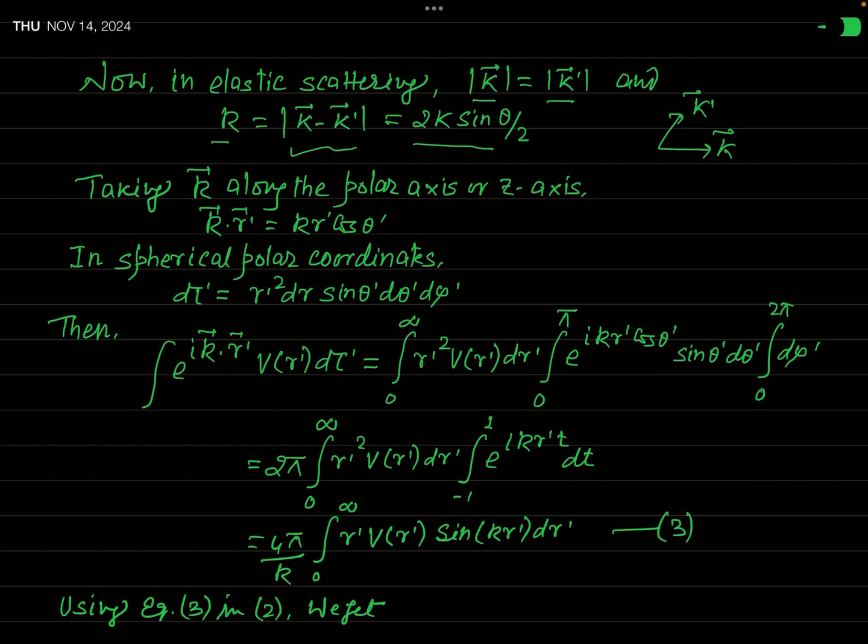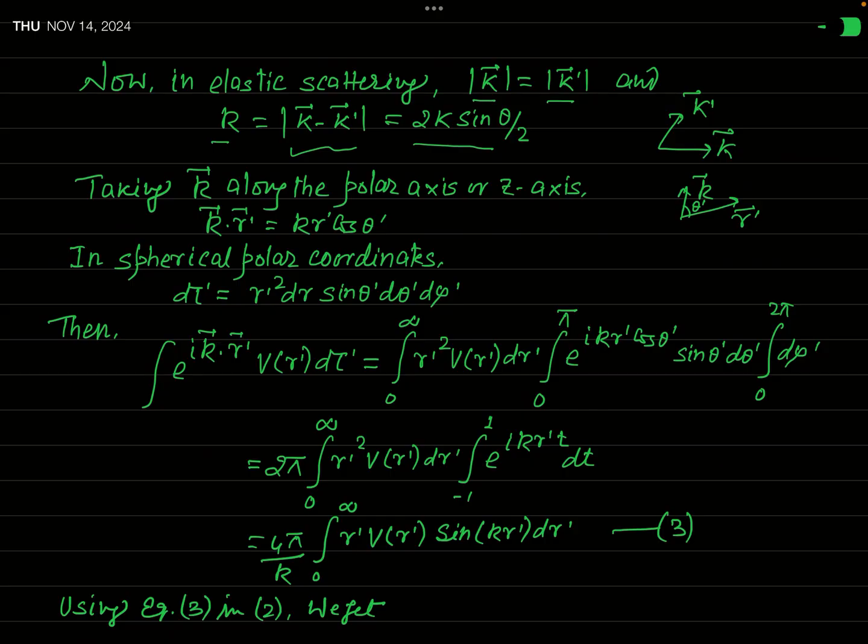Now, if you take this kappa vector along the polar axis, that is along the z axis, and this is the direction of vector r dash, and the angle between them is theta dash. You can also take this angle theta, but for integration purposes we will write theta dash, r dash, phi dash. Finally you can replace it by r theta phi.